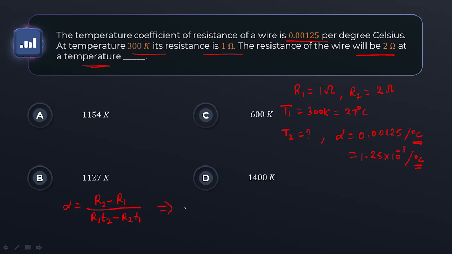Put the values. 1.25 into 10 to the power minus 3 equals 2 minus 1 divided by 1 into T2, that is T2, minus 2 into T1, which is 27 degrees Celsius. Simplifying here, you will get T2 equals 854 degrees Celsius. In Kelvin, if we convert, plus 273, it will be 1127 Kelvin. So the answer will be B. Simple, easy.